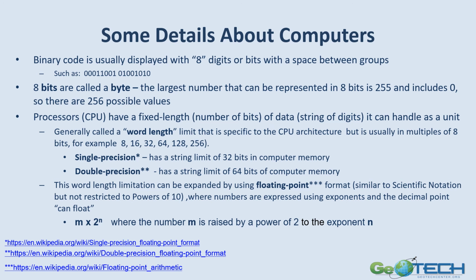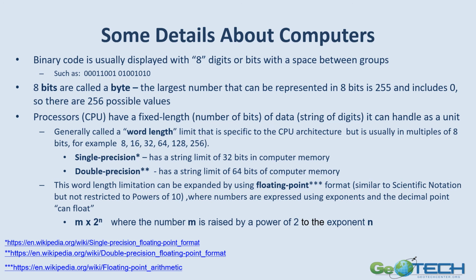Processors or CPUs have what's called a fixed length or number of bits of data in a string that they can handle as one unit, and this is usually called word length. The limit that is specific to a PC architecture is usually shown in multiples of 8, for example, 8, 16, 32, and so on.